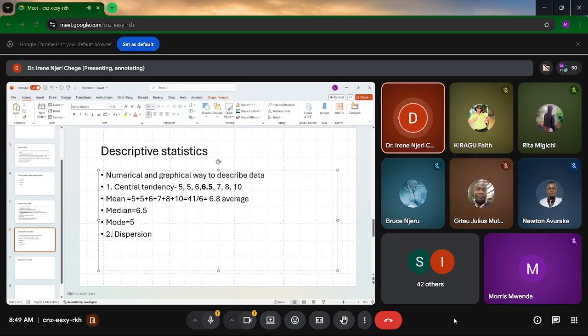And then from those 4 equal parts, I calculate the 25th data point, the 50th data point, and the 75th quartile. Are we together?